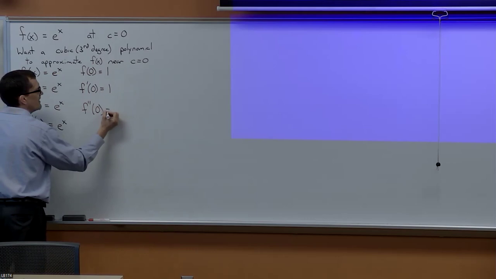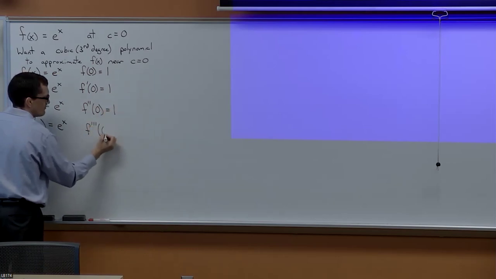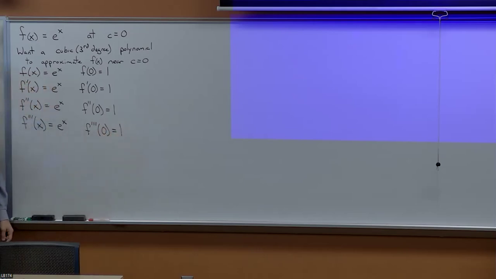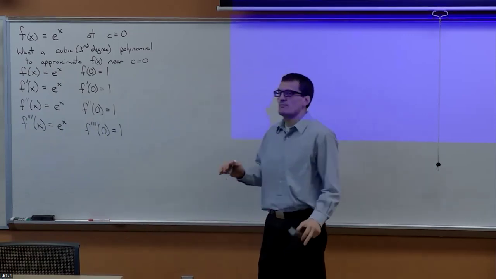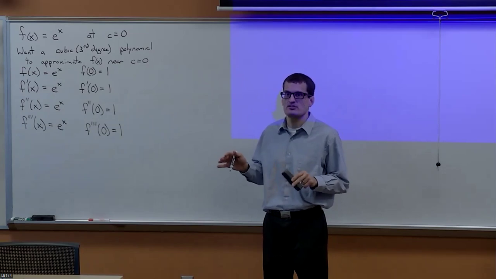Notice that in this case, that means every derivative, my first derivative, my second derivative, and my third derivative at zero should end up being 1. Now, I'm going to show you why we get what we get in just a moment.